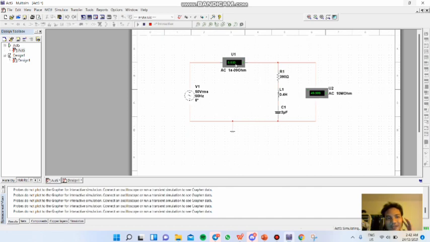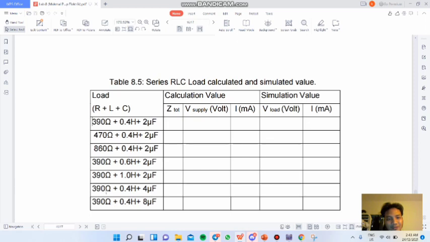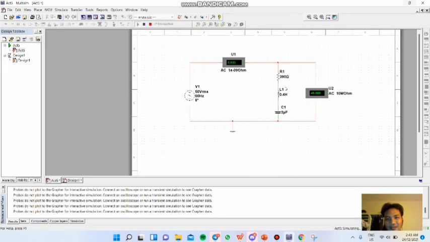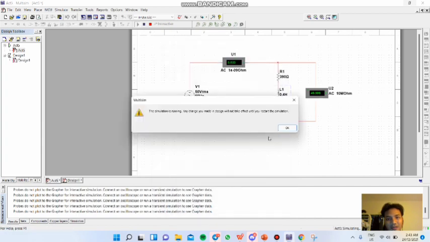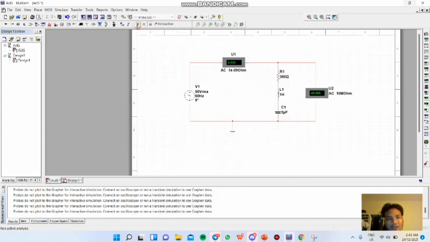In case we need to change the value, for example we change the inductor value to 1.0 Henry. You can see here 1 Henry. First stop the simulation and run it again. Then we can observe and record the value.